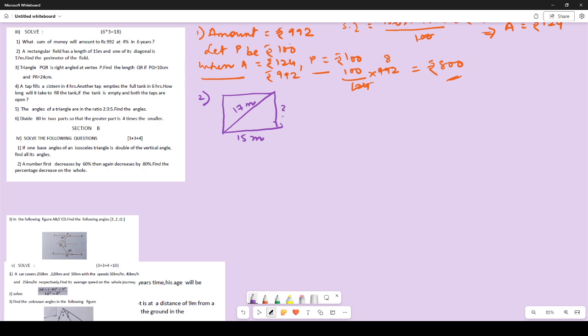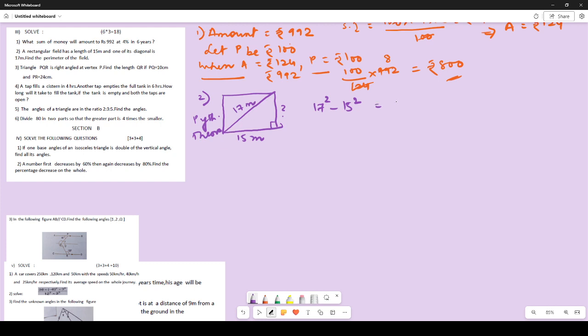Now again you see, this is the Pythagoras theorem. So let us say this is B. To find B, we will need to find 17 square minus 15 square. Hypotenuse square minus base square.